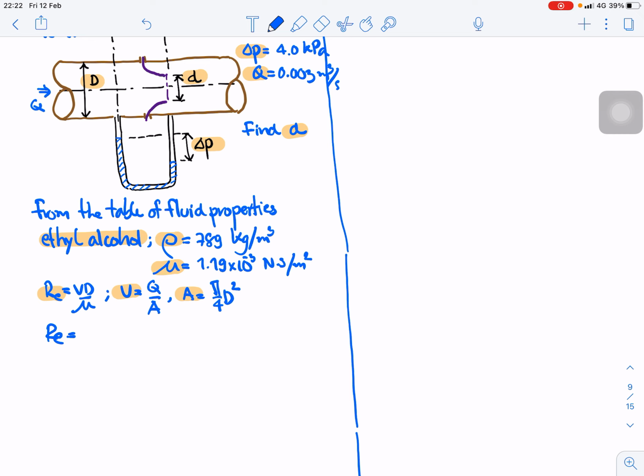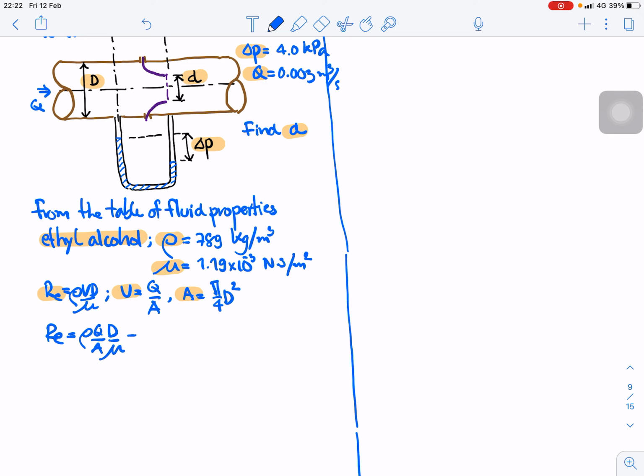Equal to rho, V, D over mu. We substitute V in this equation. V is equal to Q divided by area.